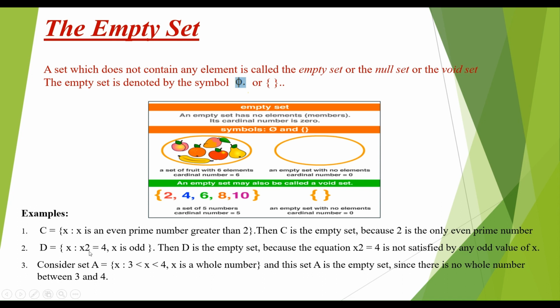We can't get 4 by squaring other numbers; only the even number 2 squared is equal to 4. With odd numbers, we can't get the answer 4. So D is again the empty set, because the equation is not satisfied by any odd value of x.